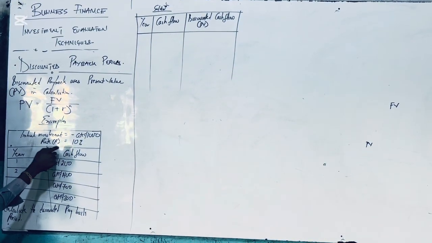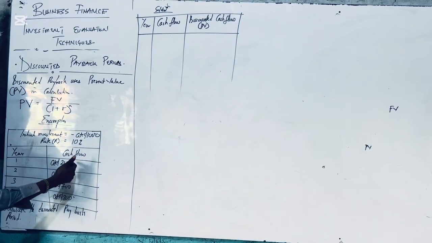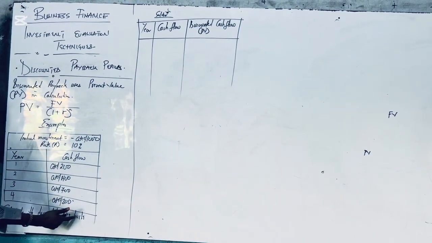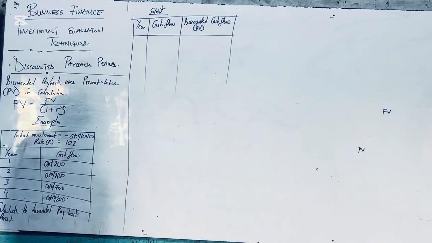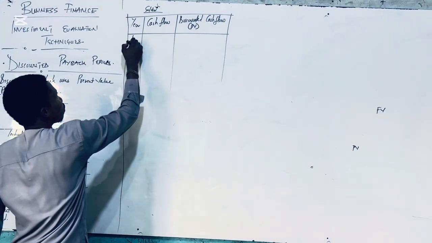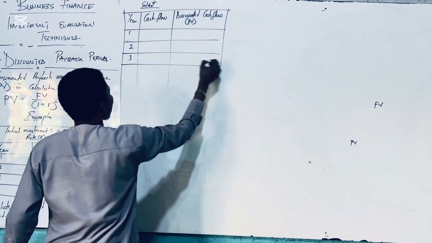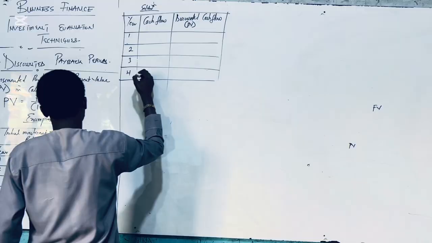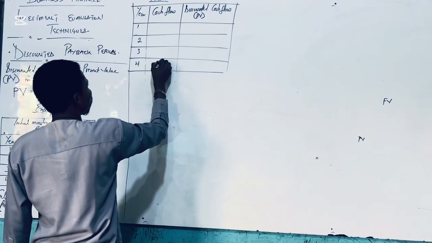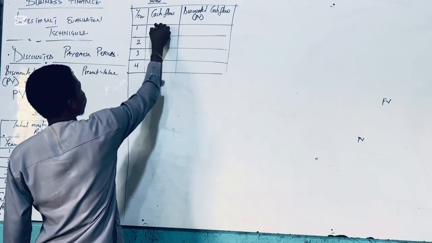But here, since the question did not give us a discounted cash flow, but only the cash flow, we need to find a discounted cash flow, because we are looking at discounted payback period to recover this 1,000 Ghana cedis. Now we have year 1, year 2, year 3, year 4.